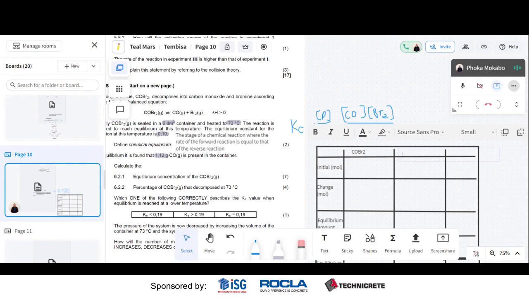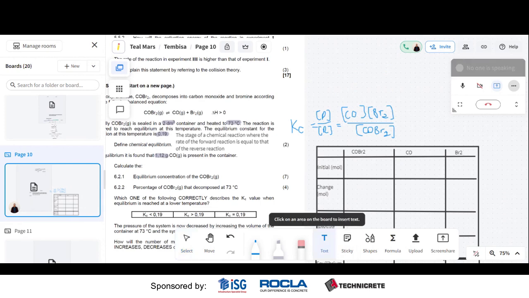here we are, and second of our constituents will be CO. The third of our constituents will be Br2. There we go. Okay, I can finally start adding numbers to this.